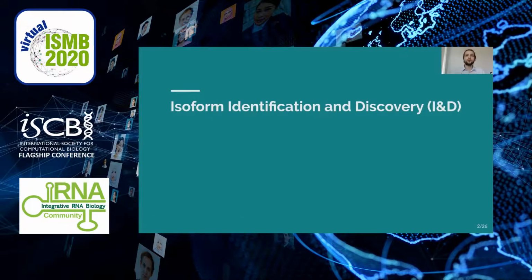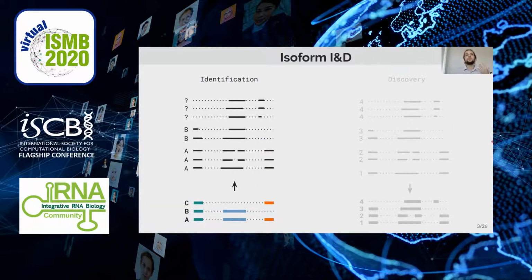Before I start, I would like to talk a bit conceptually about the problem of isoform identification versus isoform discovery. When we talk about identification, what we typically mean is that you have a set of predefined isoforms from some annotation database, and you have your sequenced reads, and you're trying to label those reads or identify the isoform of each of these reads.